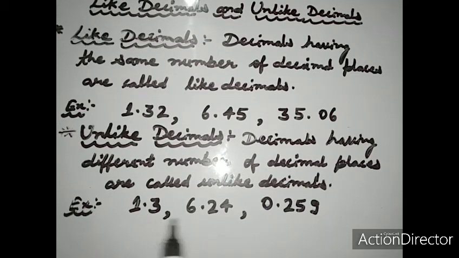So these decimals all have different decimal places: tenths, tenths and hundredths, tenths, hundredths and thousandths. So these three numbers have different decimal places here. So we say that these types of decimals are known as unlike decimals.